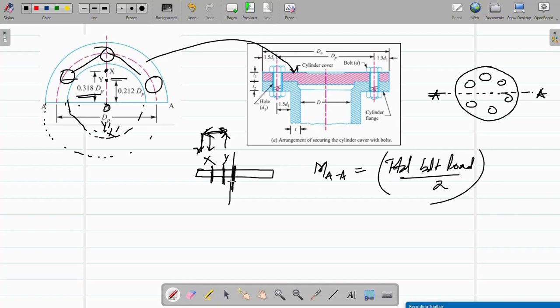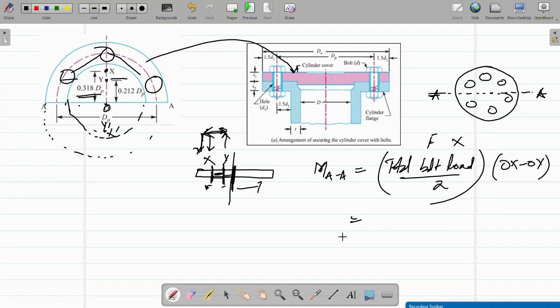Because half the bolts are on this side, half the bolts are on this side. So the force is the total bolt load divided by 2, and the moment arm is simply OX minus OY. Why? Because OX is this distance, OY is this distance, and the rest is this distance, which is your moment arm.